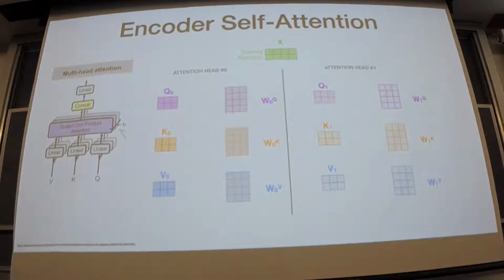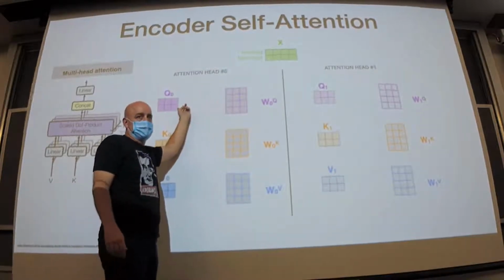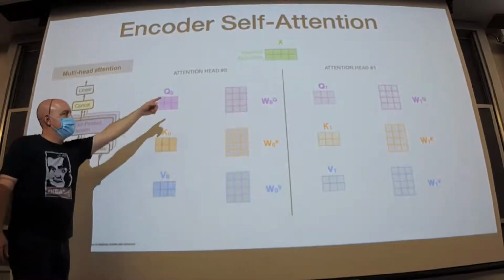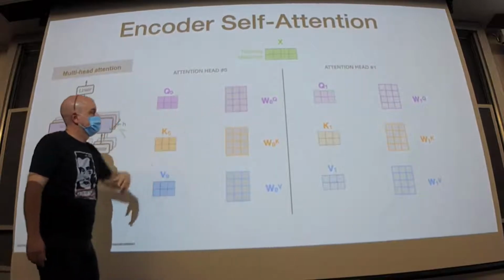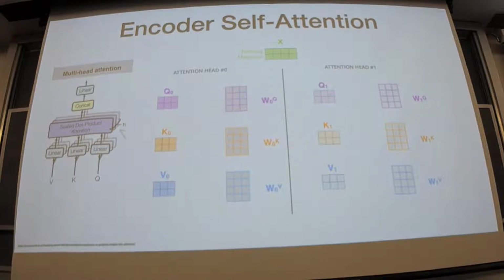Where do query, key, and value come from? Yeah, this is literally our input times this matrix gives you this. Oh, okay. And then input times the K matrix gives you key? Yep, exactly.